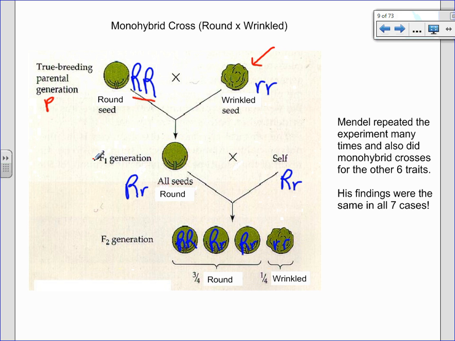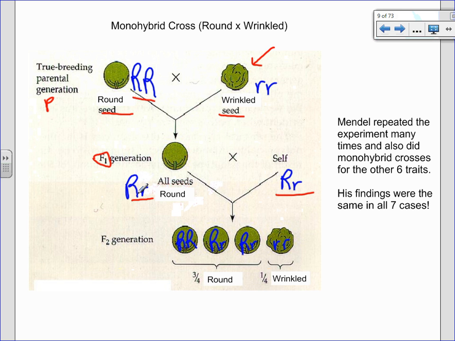In the F1 generation, they found that all of them were round, so that meant that they were heterozygous round. They'd get a big R from the round parent and a little r from the wrinkled parent. So when he self-pollinated them, it meant that he took the pollen with the big R, little r, and he combined it with the ovules that were big R, little r.